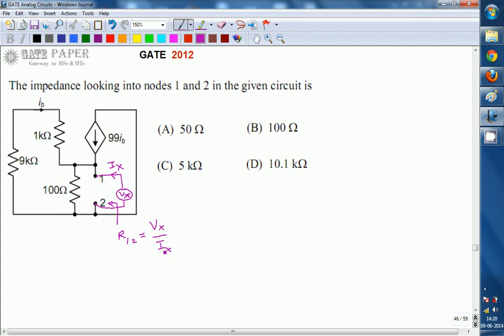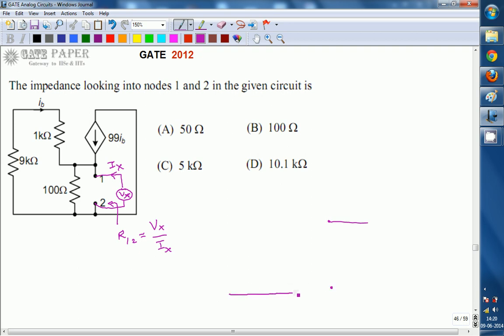So if we apply Vx, and Ix is the current drawn from Vx, the ratio Vx by Ix is the impedance looking into nodes 1 and 2. We will draw an equivalent circuit like this. These are the two nodes, the first node and the second node.